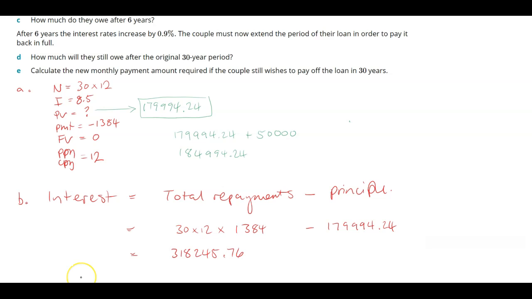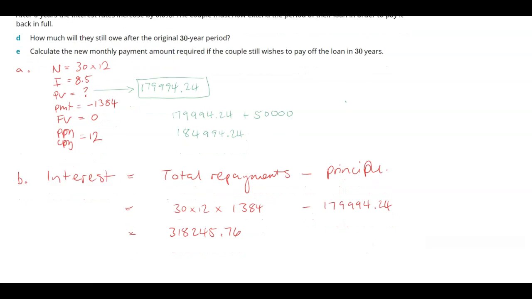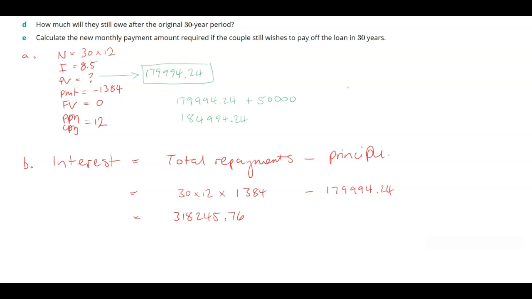Hmm, 318,245.76. If you're just quickly looking at these numbers, you'll notice that compared to the original value of the loan, that's quite a lot of interest, and that's actually how banks make their money. They make a huge amount of money over the time, so that's why it's in the bank's interest to give away loans in the first place, to make that profit.